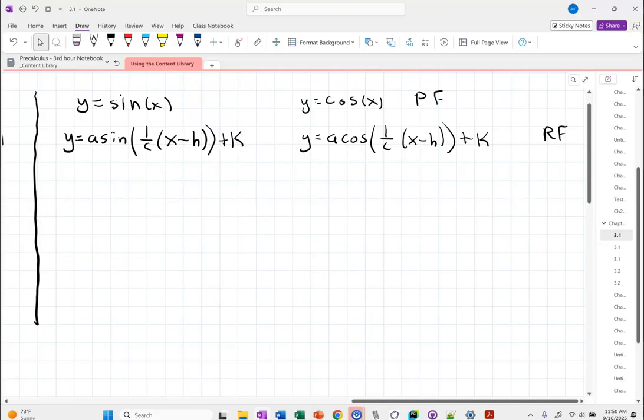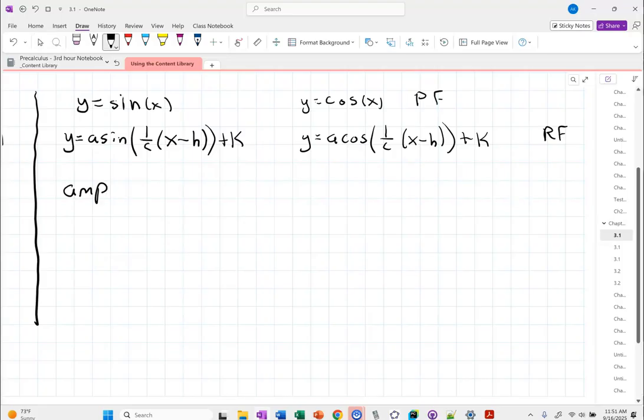So what I want to do here is relate those key features to the coefficients in our resultant function, our a, c, h, and k. So the amplitude is just going to equal the absolute value of a.